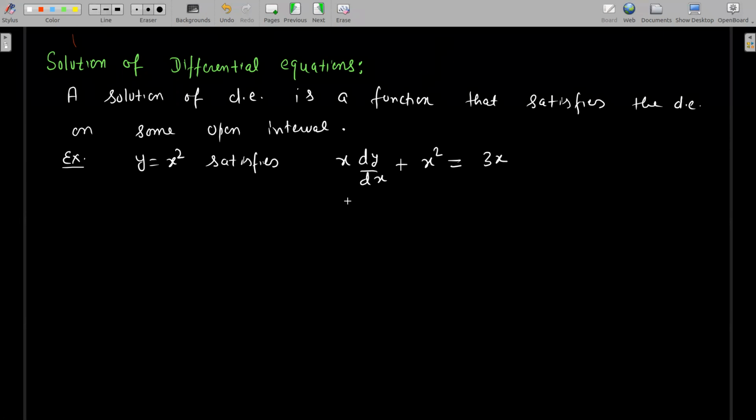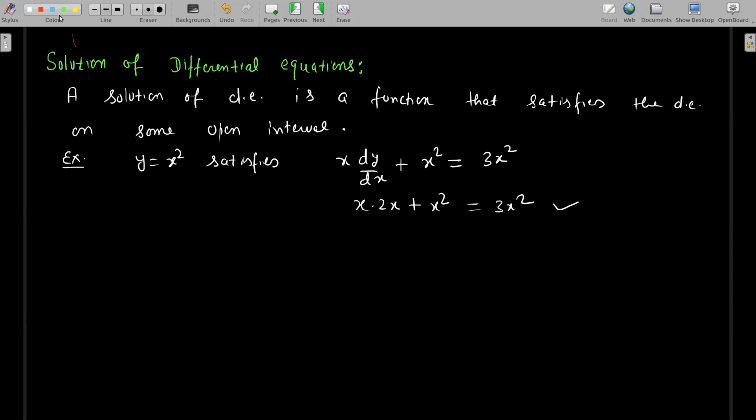Derivative of x square will be 2x, then x square, so this is, sorry, 3x square. So you can check that this satisfies the differential equation.